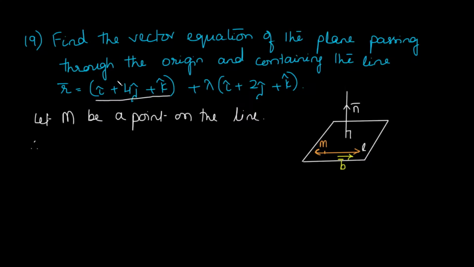Consider the standard equation of the line as R = A + lambda B. You know that A is a point on the line and B is a vector which is parallel to the line.